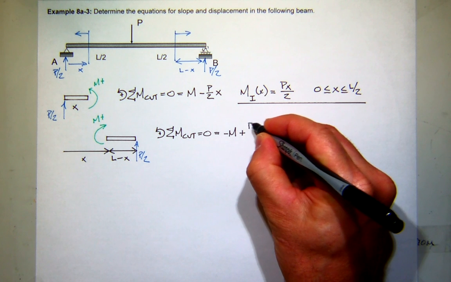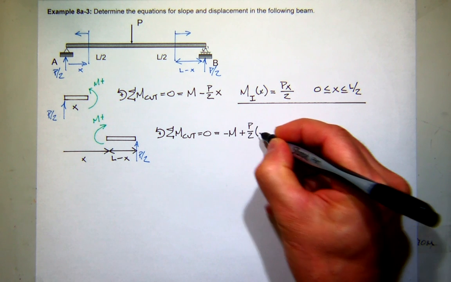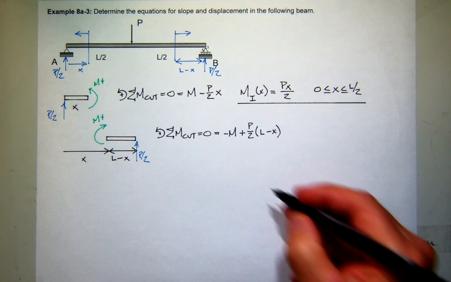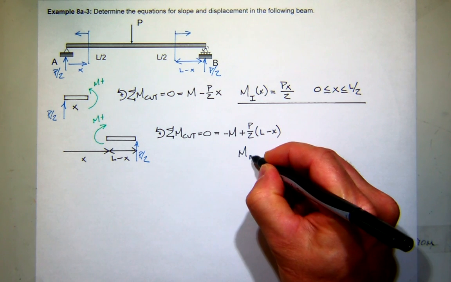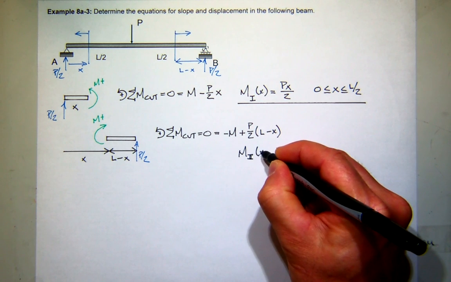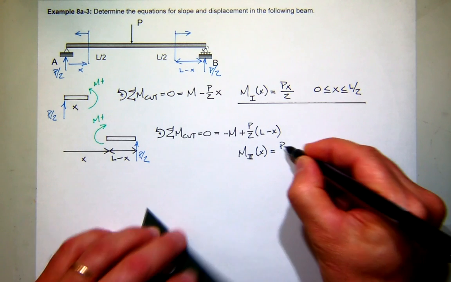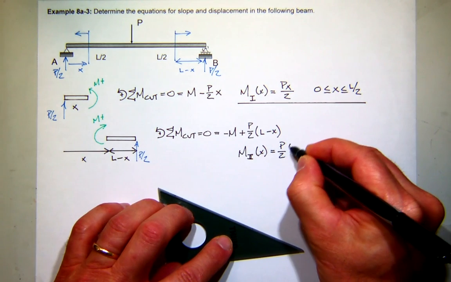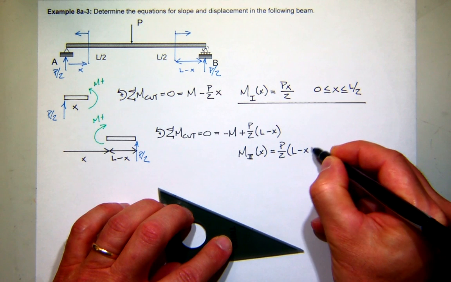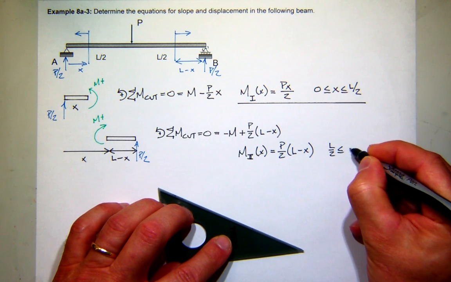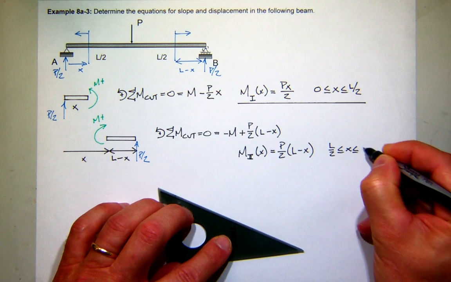So it would be P over 2, and the length would be L minus x. So in this case, the moment in the second section is going to be P over 2 times L minus x. That should be good from L over 2 to L.